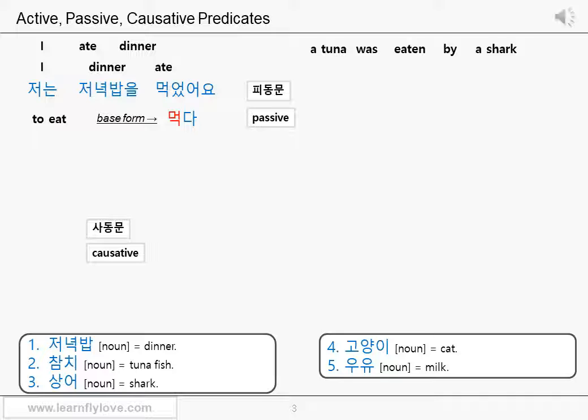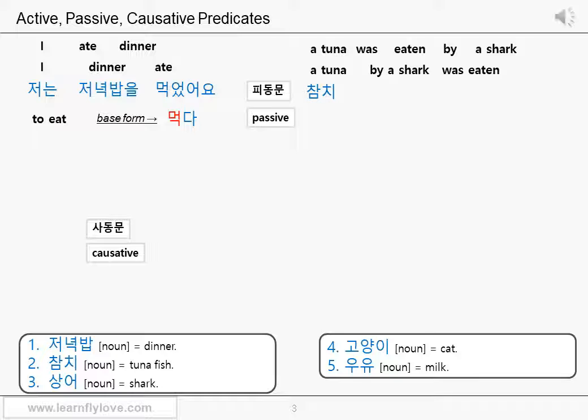How do we position the words in this kind of sentence? It's very simple. Of course, the subject, a tuna, comes first, even in Korean, and a shark is the one who takes the action eat. Therefore, let's position it right before the predicative part was eaten. A tuna by a shark was eaten.